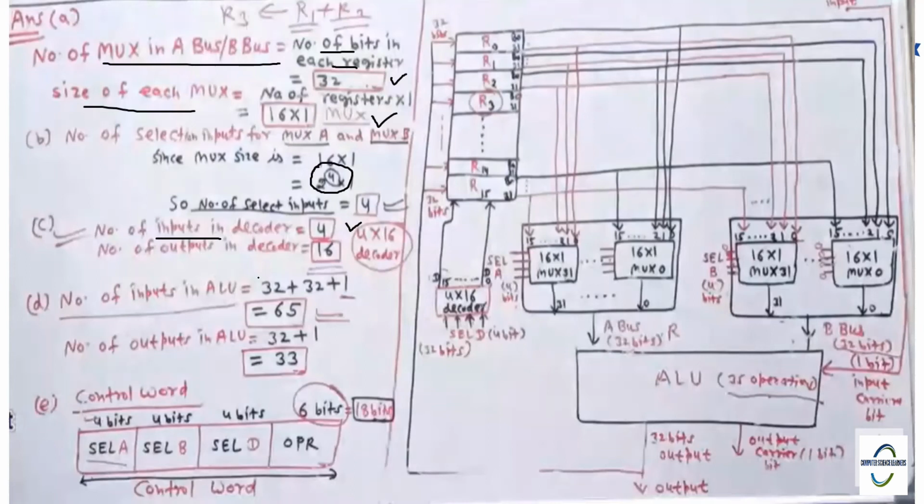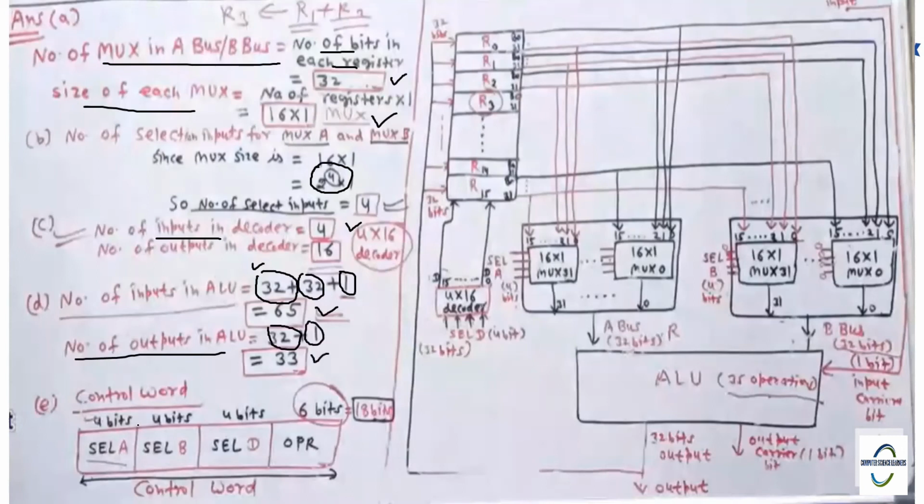Number of inputs in ALU: 32 for bus A, 32 for bus B, and 1 is the input carry. So total I am getting is 65. Number of outputs in ALU: 32, that is the result I am getting, and 1 is the output carry. So it is going to be 33.